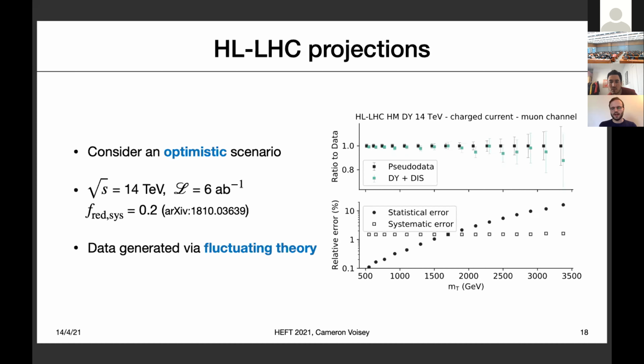And in the highest bins, we find that the points are statistics dominated. So we don't expect that, if we chose something different from our reduction factor of 0.2, we'd find particularly different results, because it's these high stats bins that are most important for our analysis. So using this, we can repeat the procedure and look at the results.